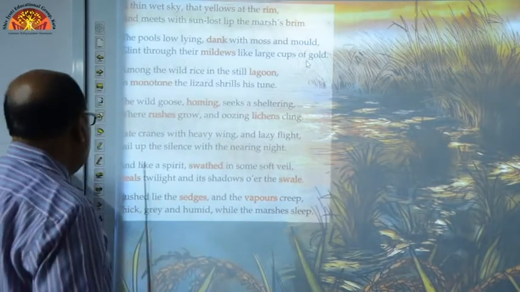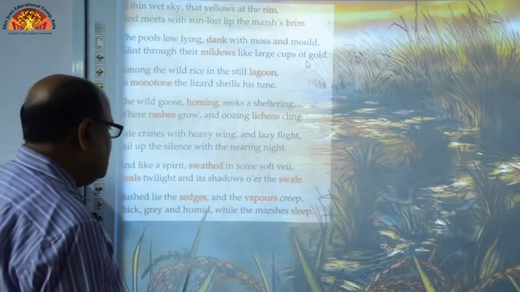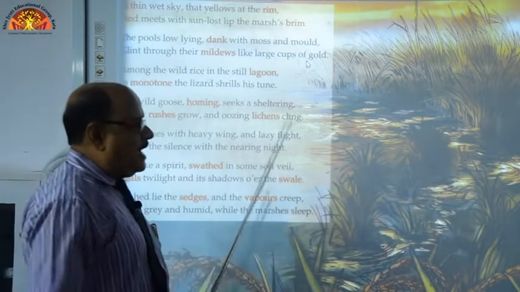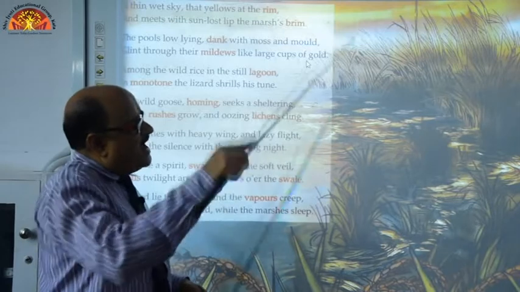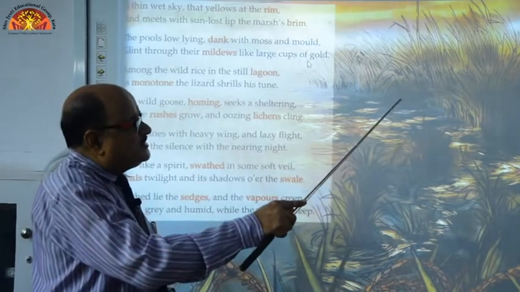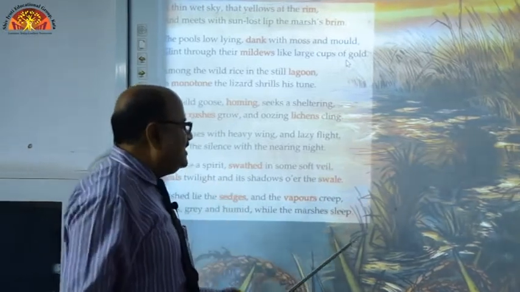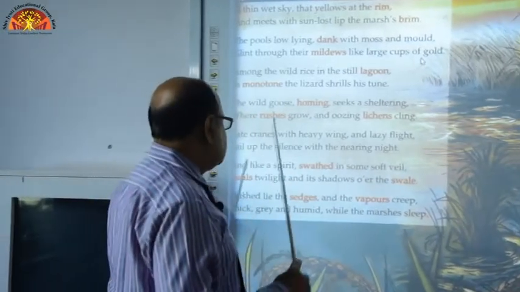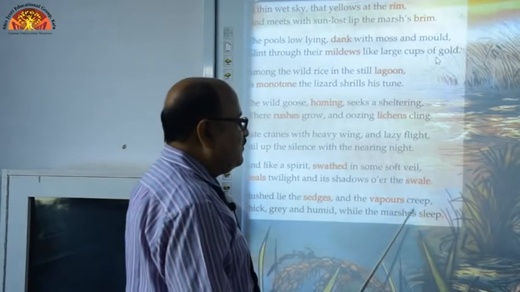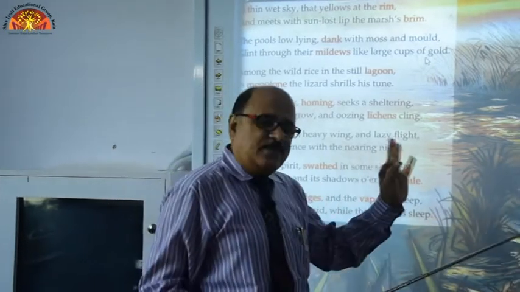Vapors creep thick, grey and humid while the marshes sleep, and this piece of land along with the creatures here and there are also about to sleep. So, in this way the poetess is describing the piece of land ready to go to sleep.